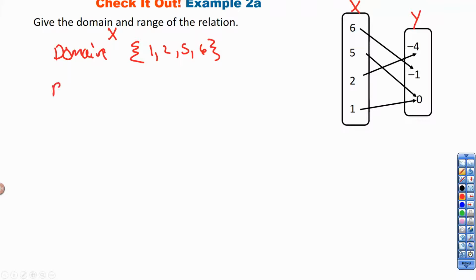And the range is the y. And what is that? 0? Okay. Why don't I put 0 in there twice?